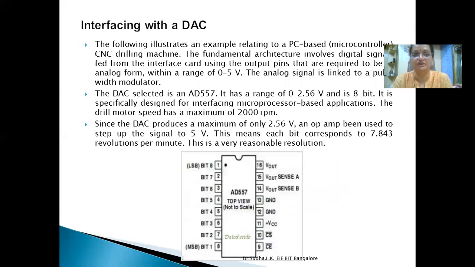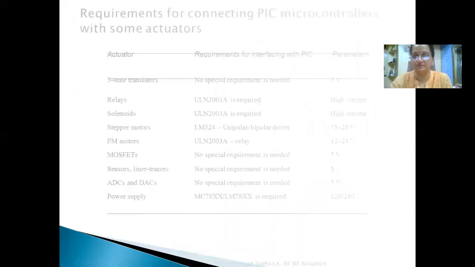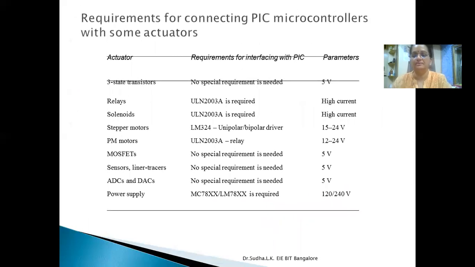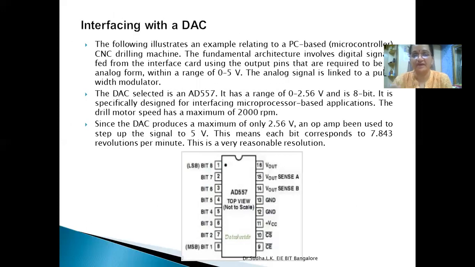Next we have interfacing with the DAC. DAC, you know, is a digital to analog converter. Up to here we have got a digital signal. Suppose I want to activate the output devices; then I get a set of digital signals that has to be converted into analog version. So how is it done? We can adopt different types of DAC devices.